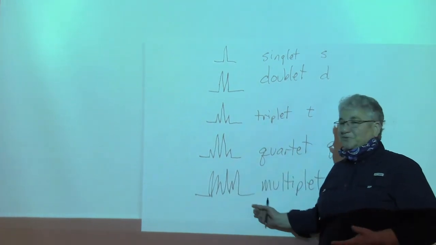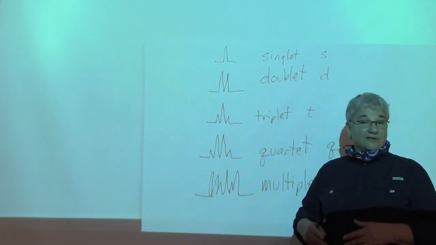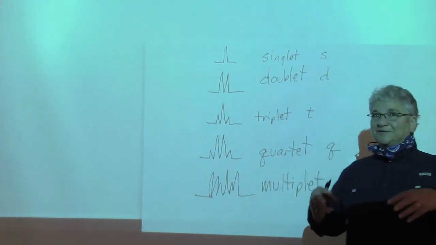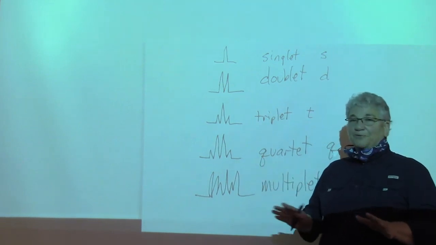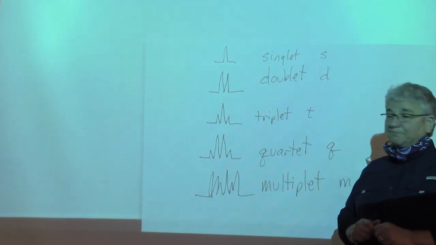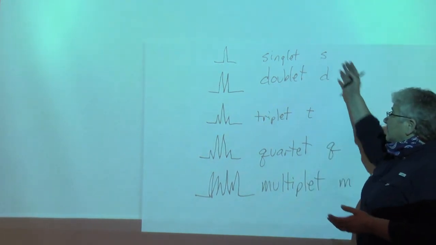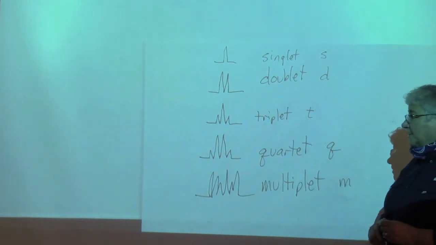When that happens, we just say multiplet. It's hard to get that kind of information. If you take advanced organic, we look deeply into those multiplets and pull out the valuable information. But for right now, we're happy to call them multiplets. So really, singlet, doublet, triplet, quartet, and multiplet, that's what we're looking at.